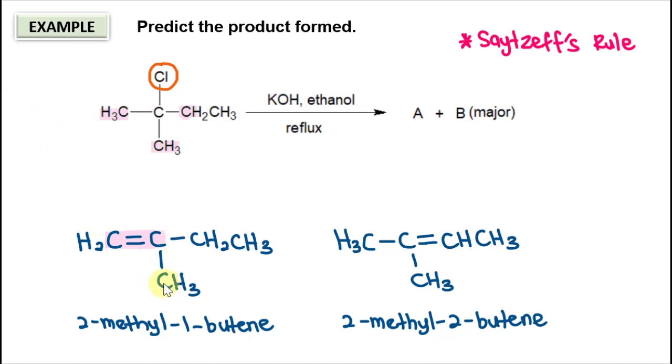Here we have two alkyl groups attached to the carbon-carbon double bond, but for the second product, this is our carbon-carbon double bond, and here we have 1, 2, 3 alkyl groups attached to the carbon-carbon double bond. Since the second product is the most highly substituted alkene, this one is going to be our major product. So in this case, this is our compound B and this is our compound A.